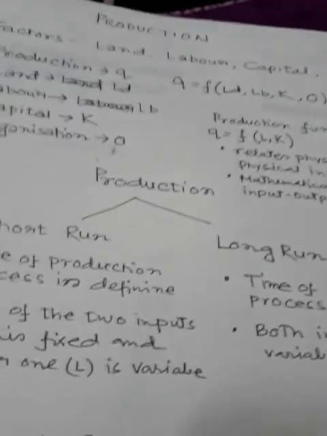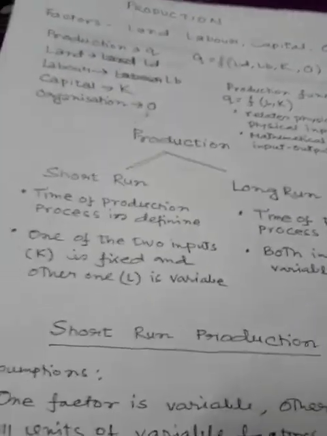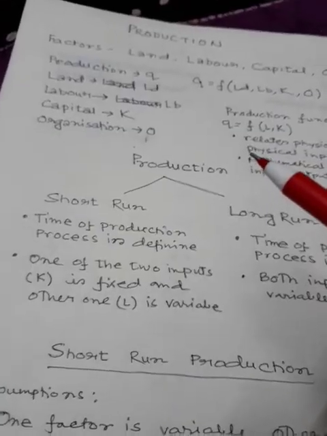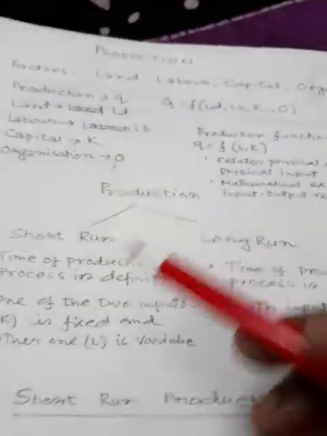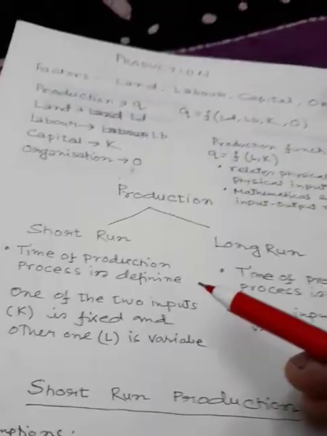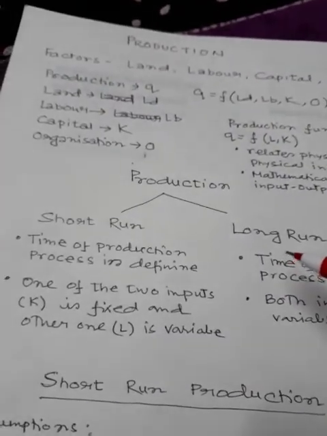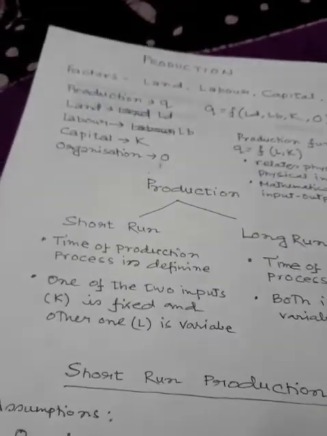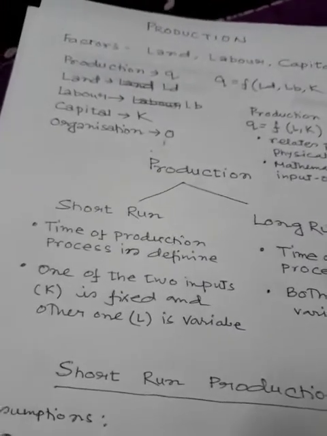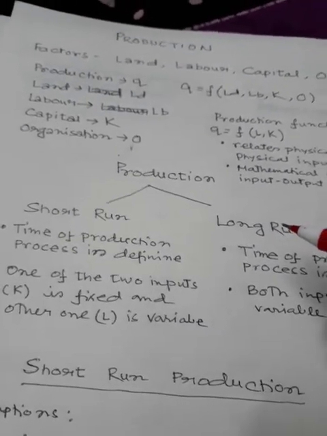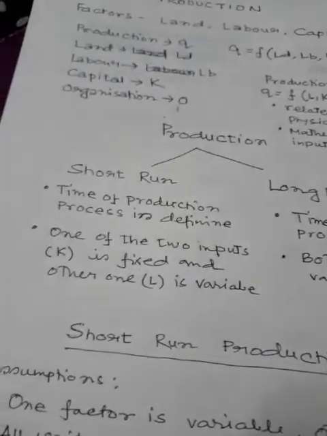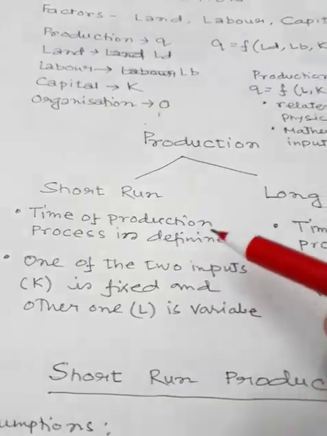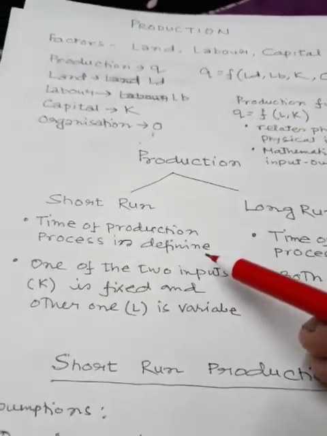Okay. Now, as I told you in my earlier class, production may be of two types: one is short run and another is long run. Obviously, short and long express that the time phase is a factor here. In case of short run, the time of production process is definite.